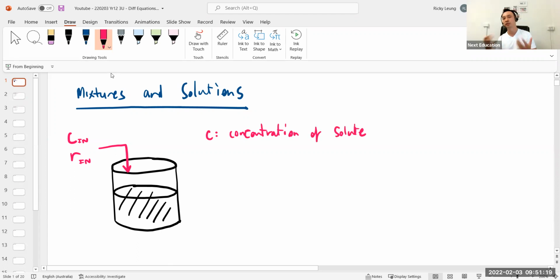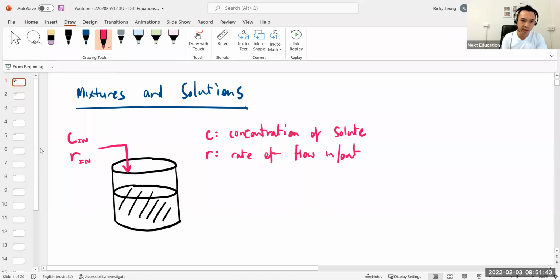In most contexts, the solute is salt, right? I was going to say at time t, not required yet. R is then the rate of flow in and out, right?